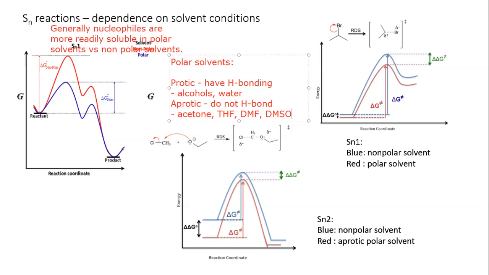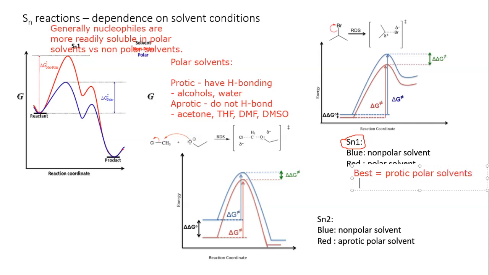Now for SN1 reactions, we prefer a polar solvent, but the best is protic polar solvents.